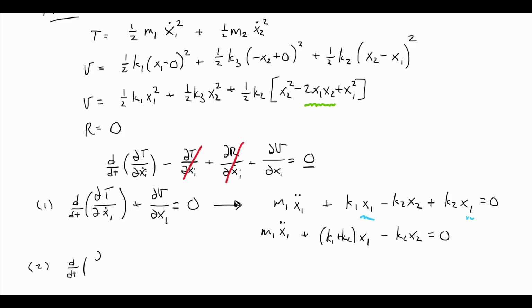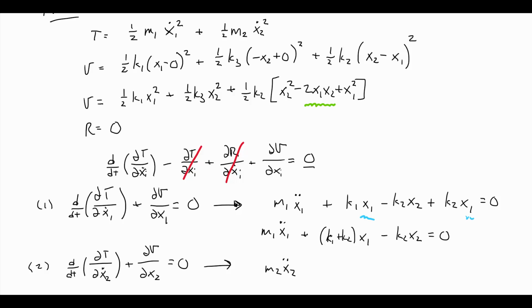My second, I'm going to do what I just did, but everything will be partially differentiated with respect to x2. So going up to T, the first term drops out. There's no x2 term. Again, it's a partial derivative. And then the second term is going to leave me with m2 ẍ2. Now I'll go down to my V. The first term, 1/2 k1 x1 squared, that drops away. There's no x2.